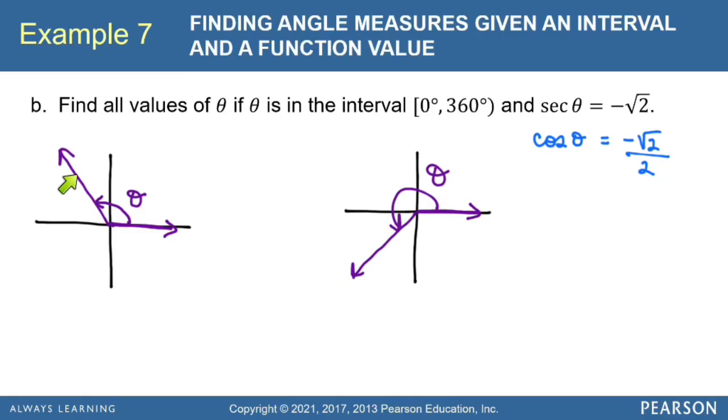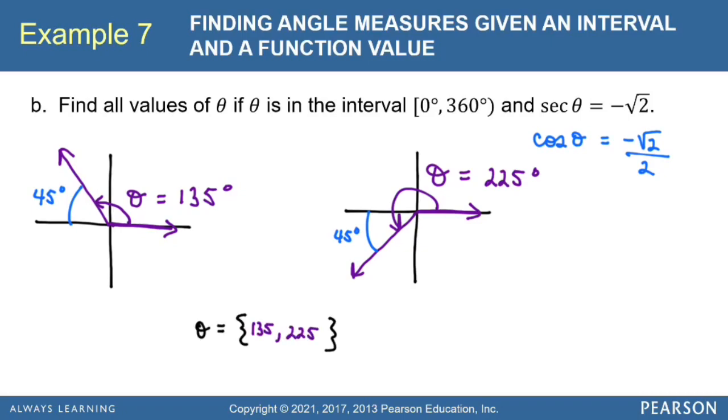So the reference angle here is 45 degrees, and that means that this standard position angle is 135. 180 minus 45 is 135. And the reference angle here is 45 degrees as well. And so the standard position angle is 180 plus 45, which is 225. And so in MyLab, you would just type 135, comma, 225.